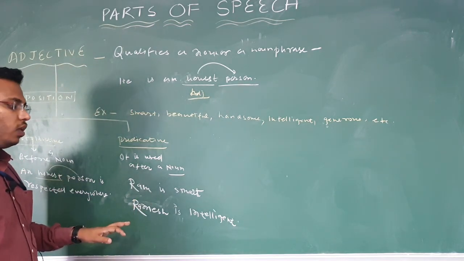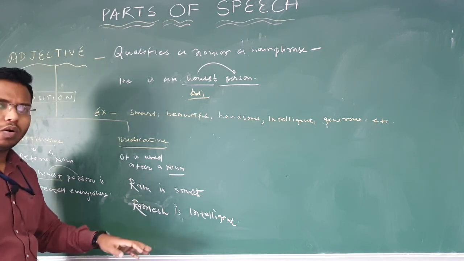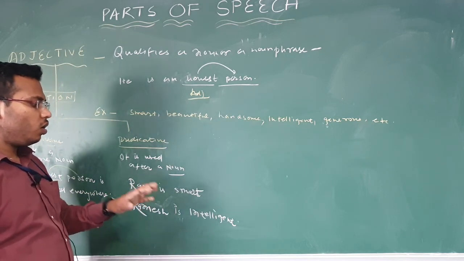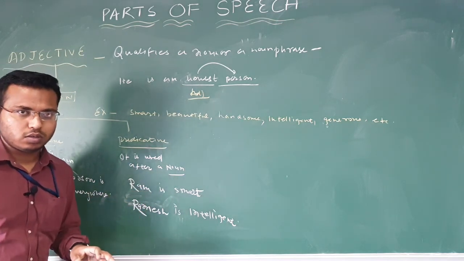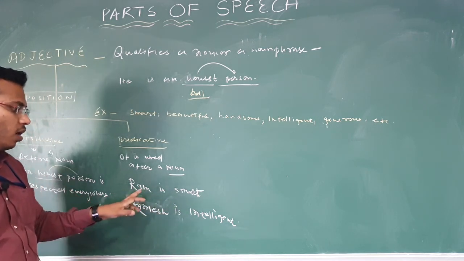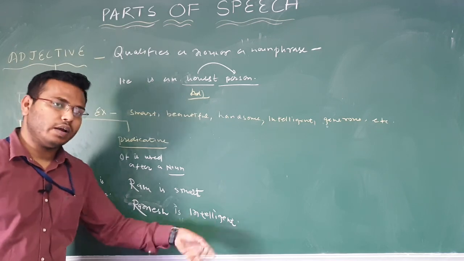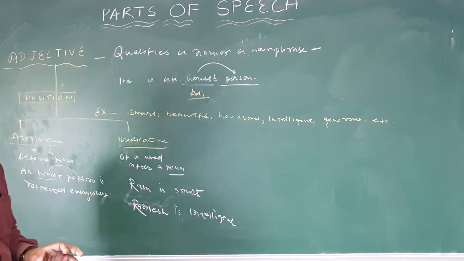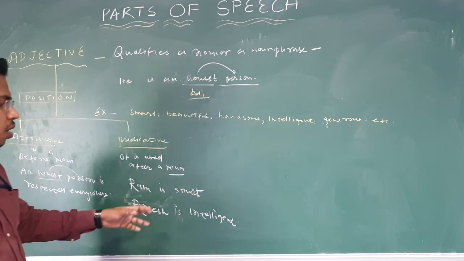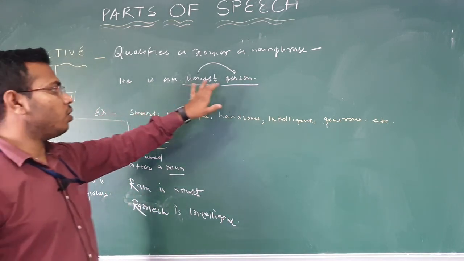Do remember one thing: when only adjectives are used in a sentence, in that case we do not place any article. Ram is a smart is completely wrong. Ramesh is an intelligent is completely wrong. Articles are used for nouns, not adjectives. But yes, we can write, for example, he is an honest person.